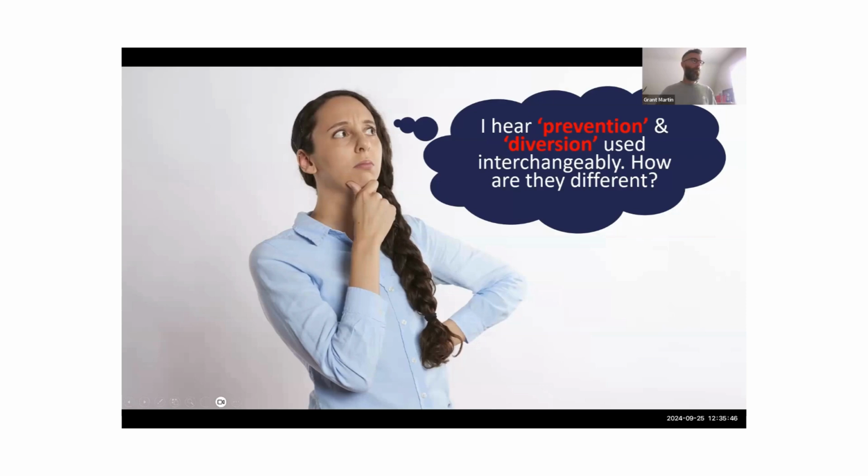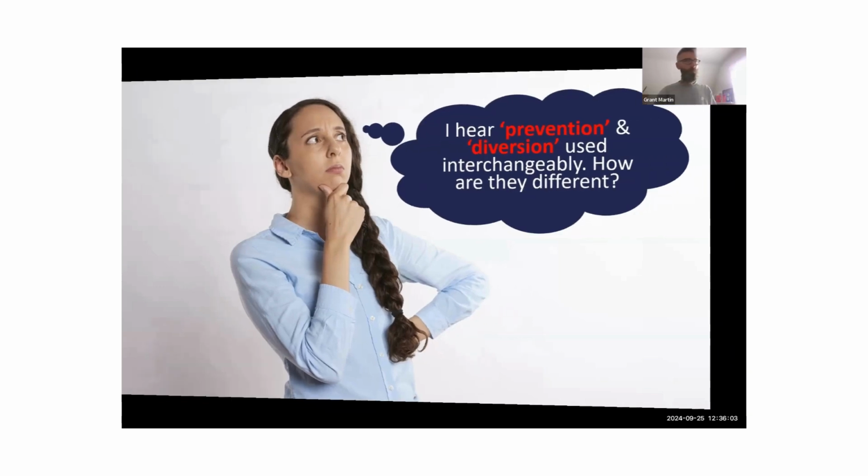So I've heard this from a lot of groups, especially if you're new to the subject of prevention and diversion, that folks have shared with me like, oh, I hear the words prevention and diversion used interchangeably and it kind of creates some confusion. So what's the difference?